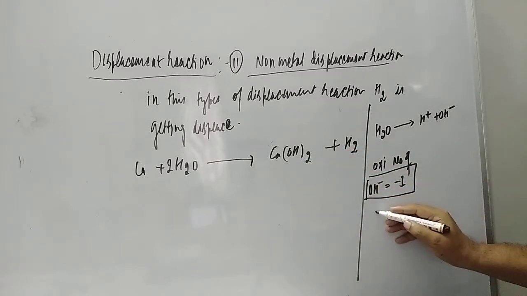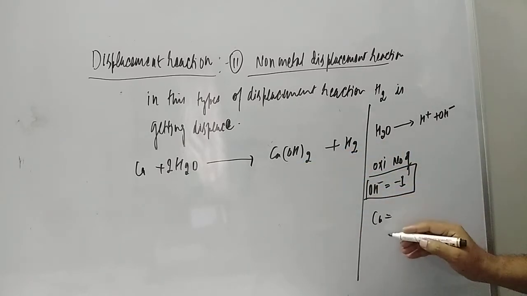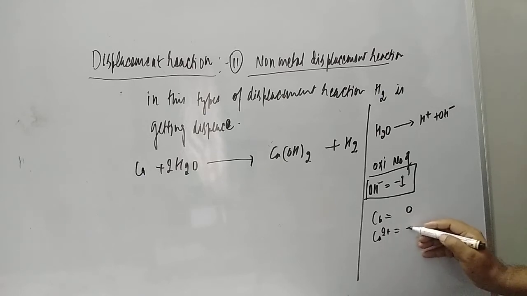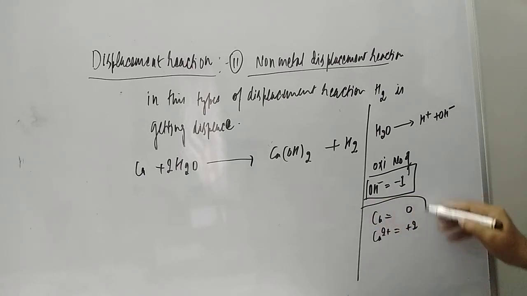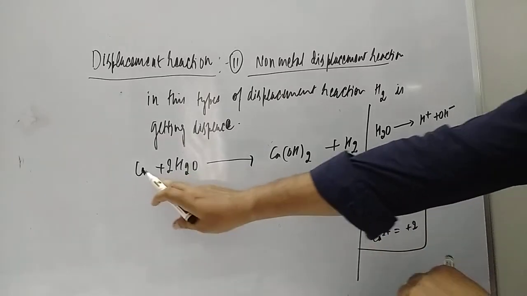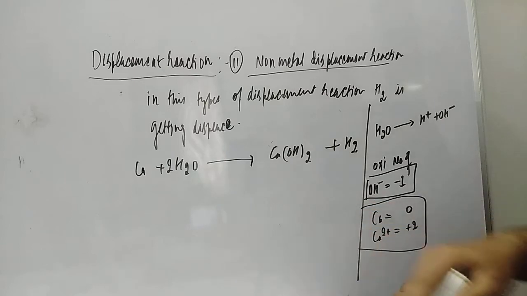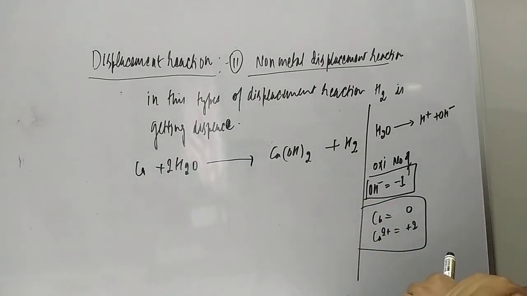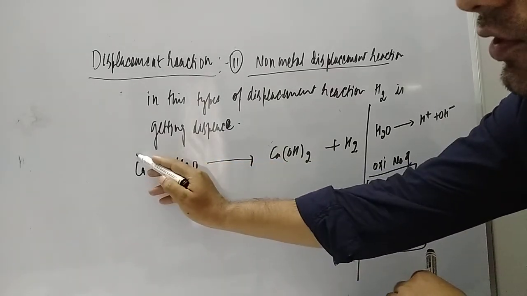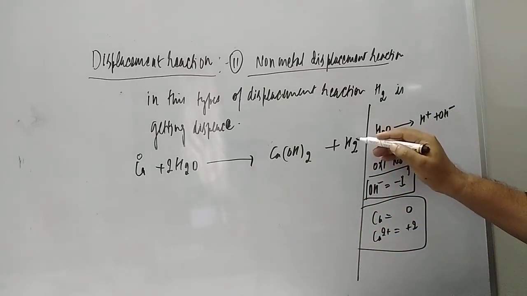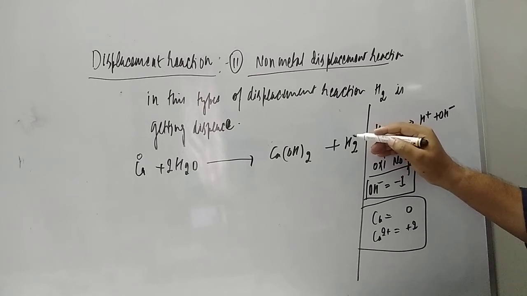In the free state calcium is 0, but in Ca2+ it has a +2 oxidation state. Here calcium is in the free state, not in the combined state, so the calcium oxidation number is 0. Don't get confused. And hydrogen, H2, has oxidation number 0.